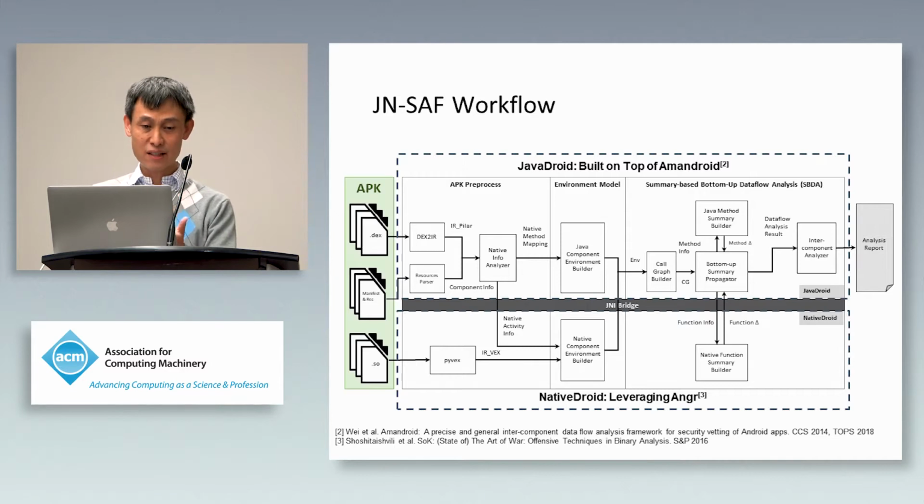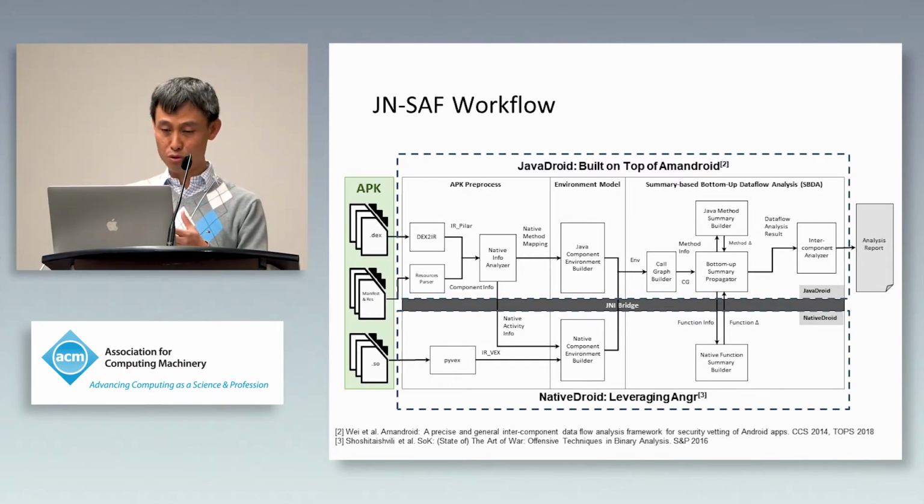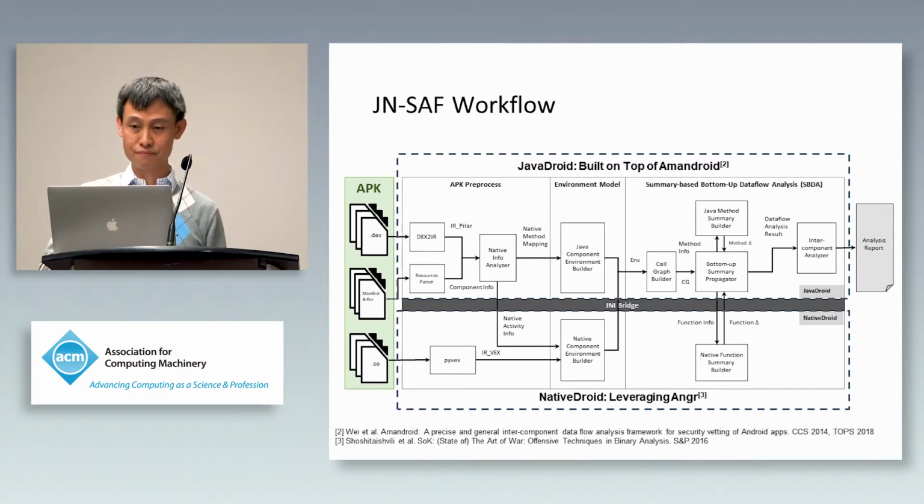NativeDroid leverages angr, which I just mentioned, and we put in a lot of effort to make it able to reason about both Android and also JNI and NDK semantics. Then we run an app through, and finally we get the report of the type that we have shown you in that simple example.